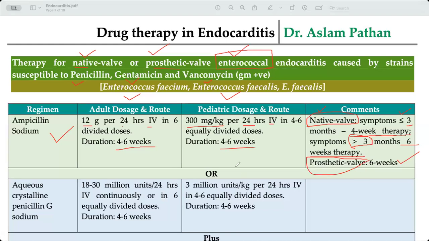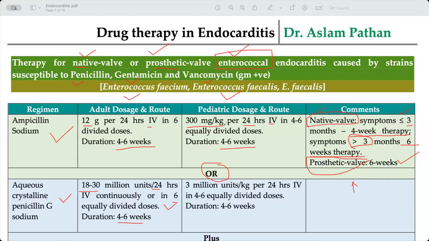Another optional drug, we can use either ampicillin or aqueous crystalline penicillin G sodium. This drug we use in infection by the streptococcus, and adult dose is 18 to 30 million units per 24 hours intravenous continuously or in 6 equally divided doses, and duration of therapy is 4 to 6 weeks as per this criteria.